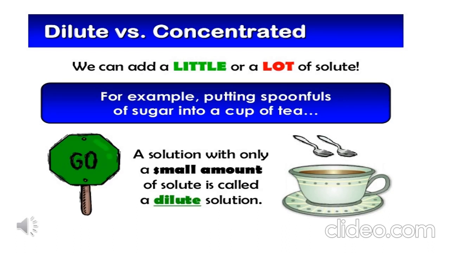For example, if you take two solutions with the same solvent quantity, in one beaker you add a spoon of sugar and in another beaker you add 5 spoons of sugar, then the second beaker solution is called concentrated, and the first beaker solution is called dilute solution. And dilute and concentrated are relative terms.